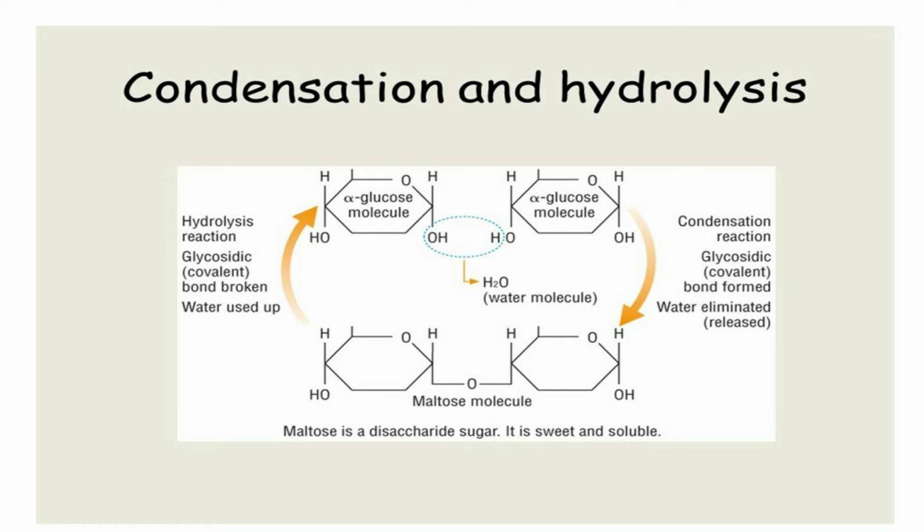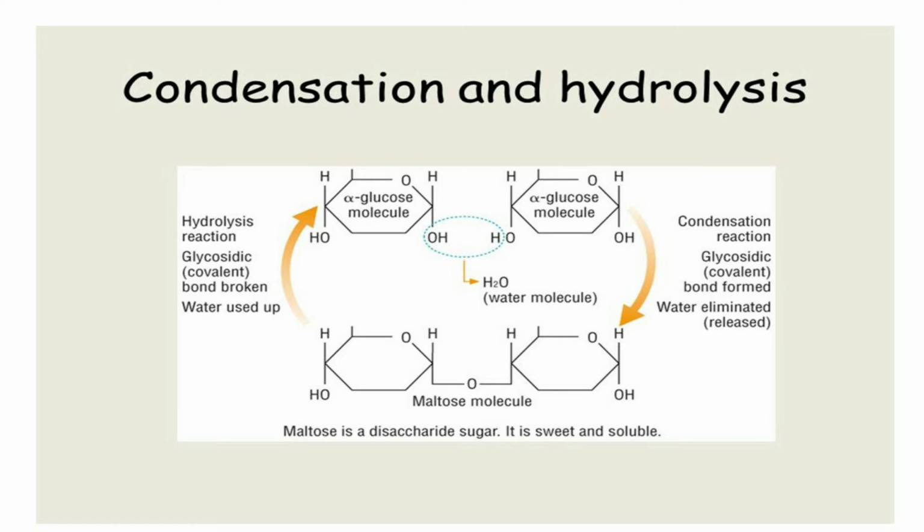Hydrolysis reactions commonly occur during digestion, and condensation is about making a disaccharide. A chemical reaction known as condensation links two monosaccharides together: a hydroxyl group from one monosaccharide and a hydrogen atom from the other combine to form a molecule of water.